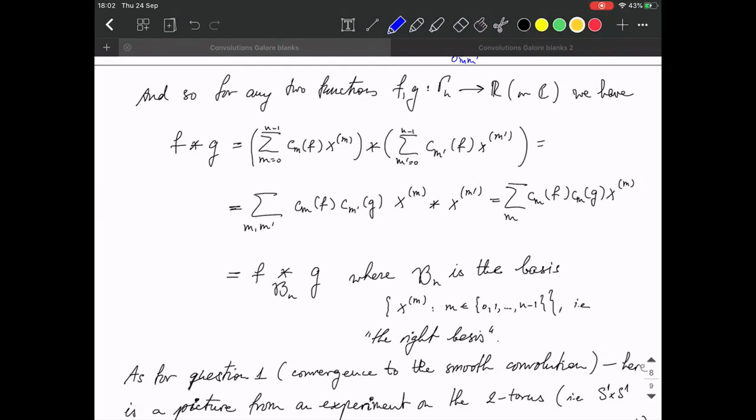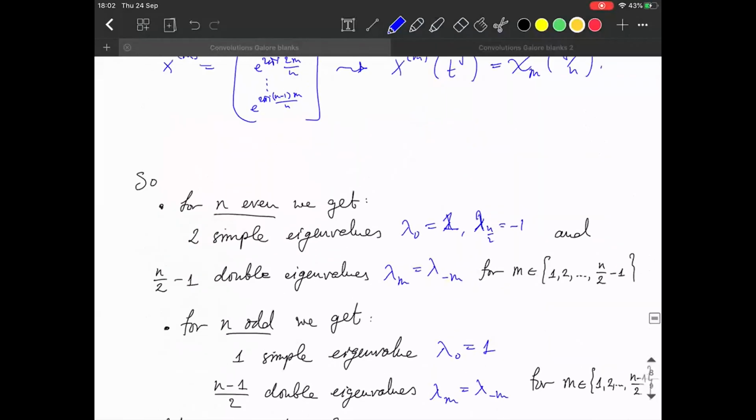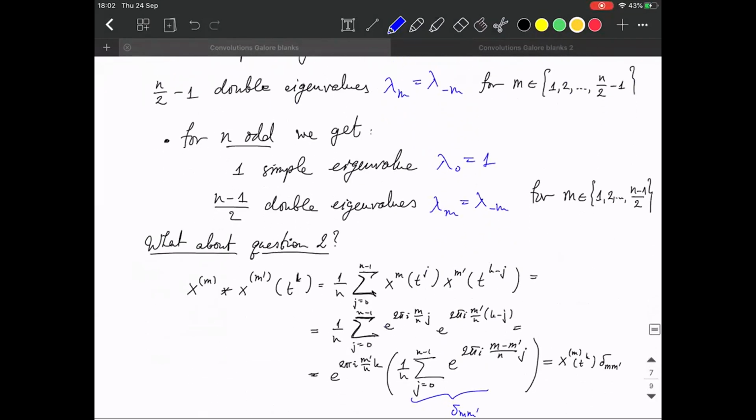Now, as for question 1, whether we would get convergence to the smooth convolution if we make the n-gon finer and finer, we can now reasonably expect this for this Fourier basis because of this relation. We saw that we really get finer and finer evaluations of the smooth Fourier basis, so we can expect this to happen.